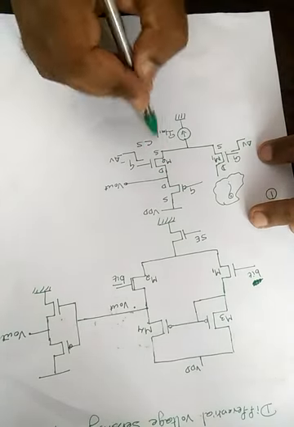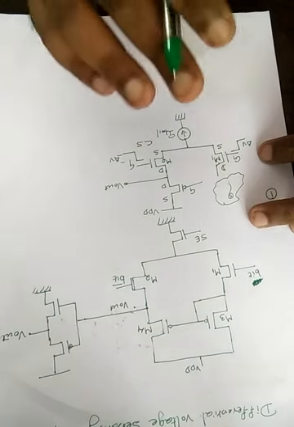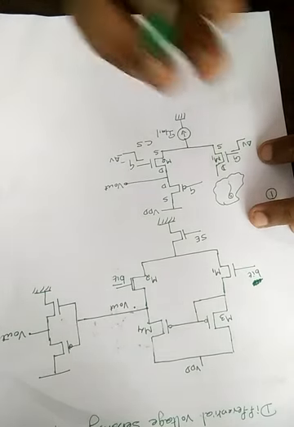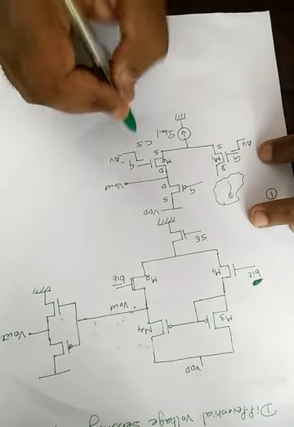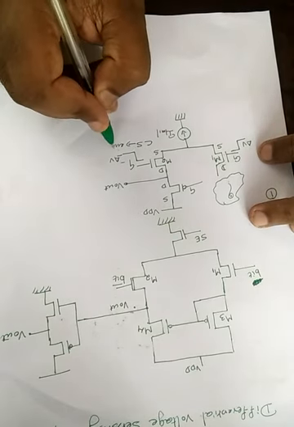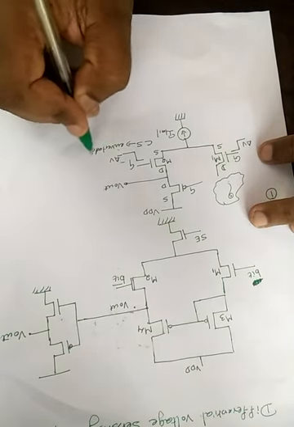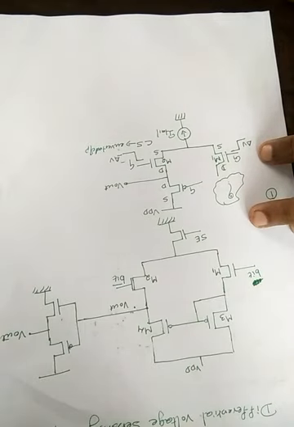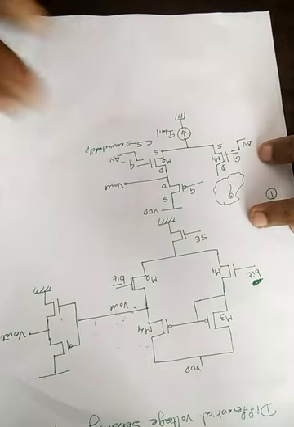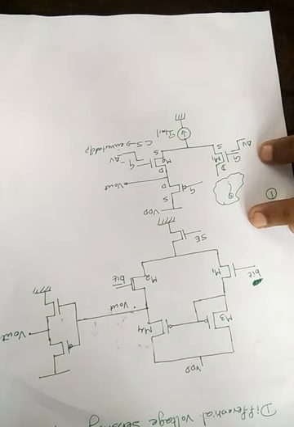Now, in a common source mode, it is somewhat similar to common emitter in BJT. So it will give an inverted output. Inverted output means if the input is increasing, the output will be decreasing. If the input is decreasing, output should increase.